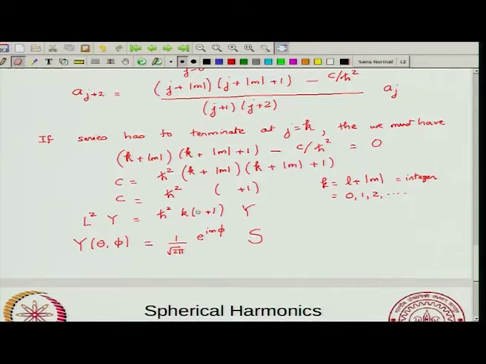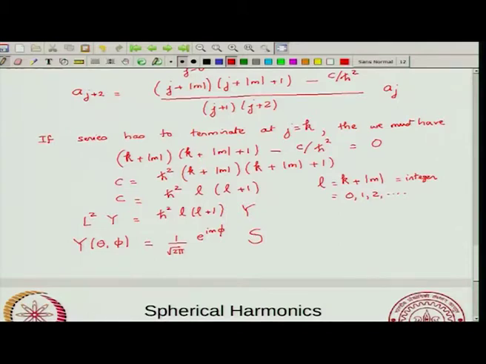So use the notation L, where you have L equal to k plus m, just to be consistent with the notations that you are used to seeing. So I said the series has to terminate at j equal to k, then you must have this relation.